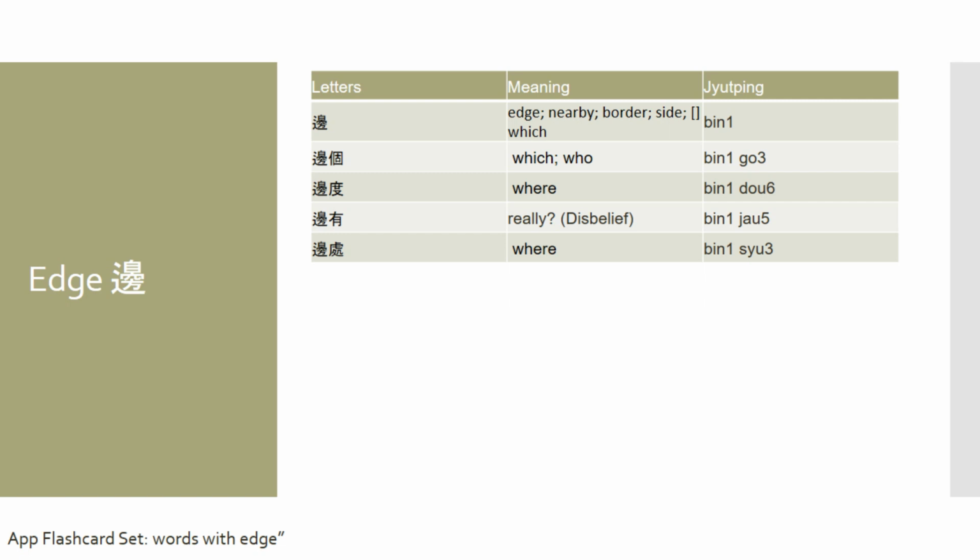Then another way to say where in Cantonese, though it's not as popular and it's probably an older form of saying, is bin xu. This is said more by people of the older generation. So if you want to say where, I would still recommend saying bin dou.